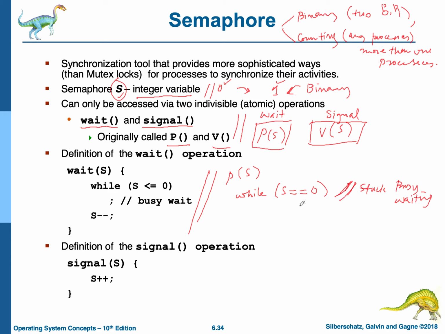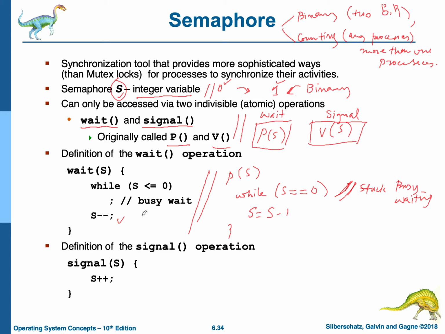So P of S: while S equals 0, keep on spinning, and once it's not, S minus 1.